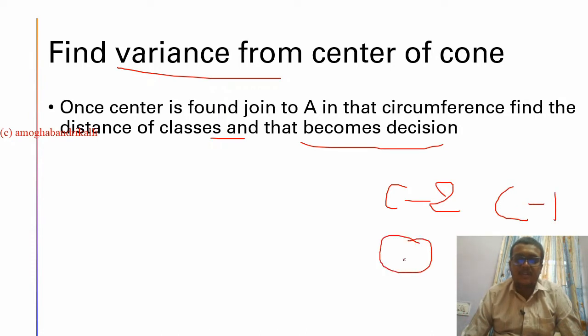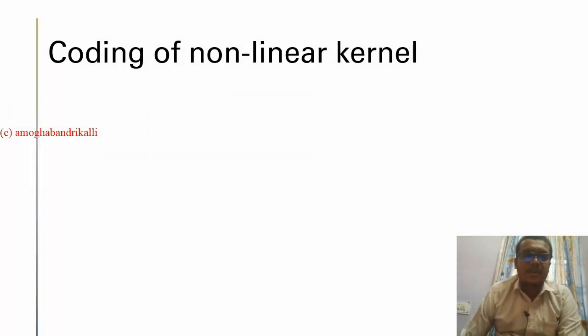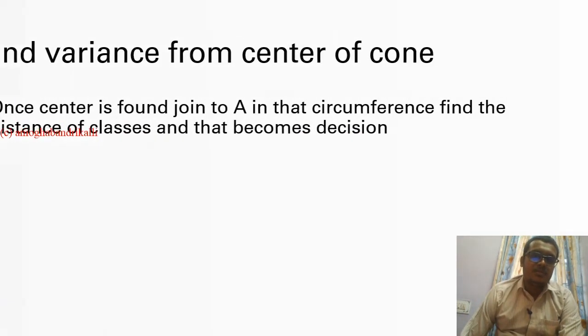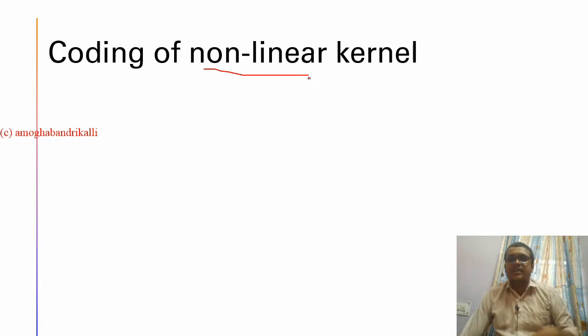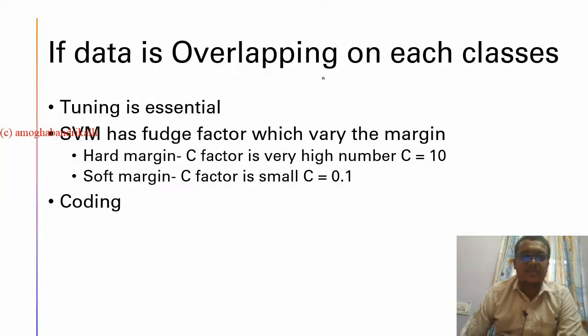If it is inside the cone circumference, it is class 2. If it is outside the circumference, then it is class 1. We are going to see the coding for both, increasing the dimension and the kernel version.